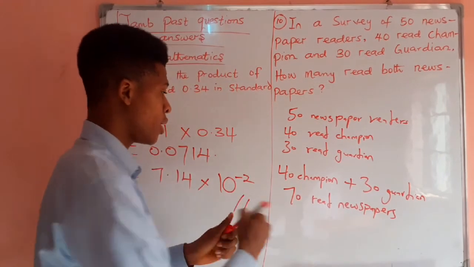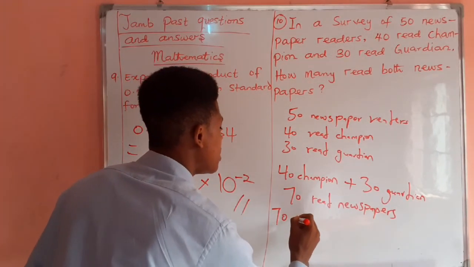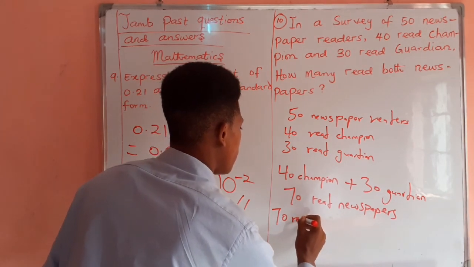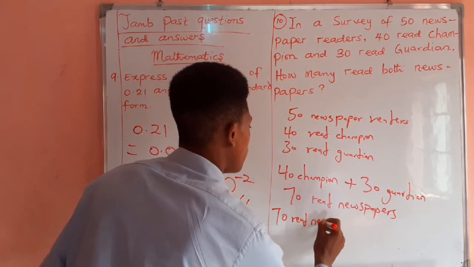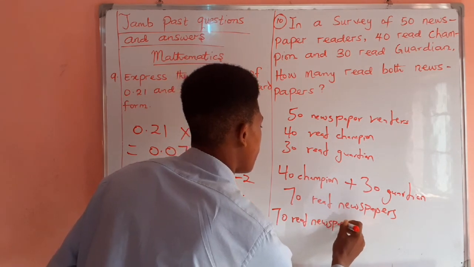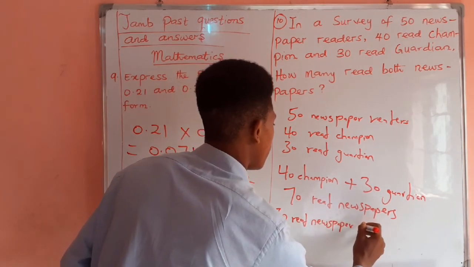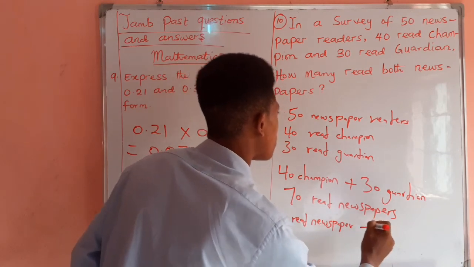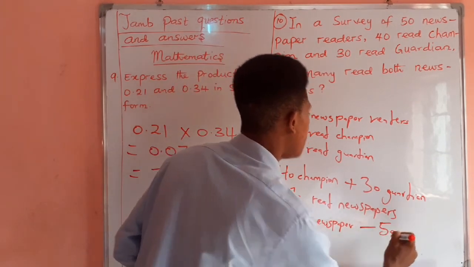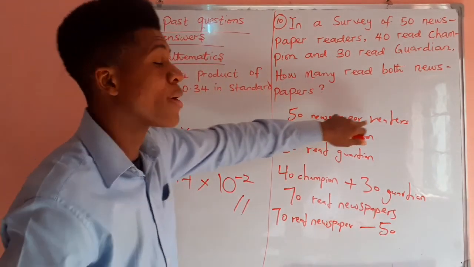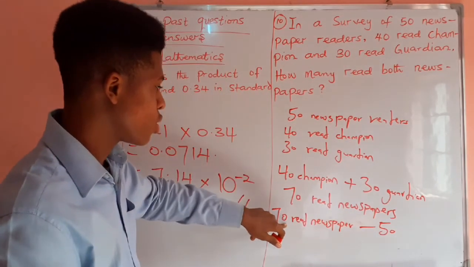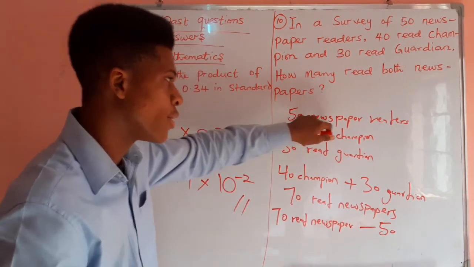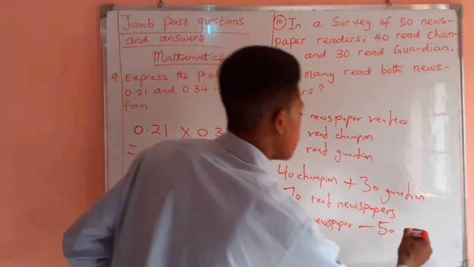I hope you're all following. So this will be 70 newspapers minus the total number of newspaper readers, which is 50.